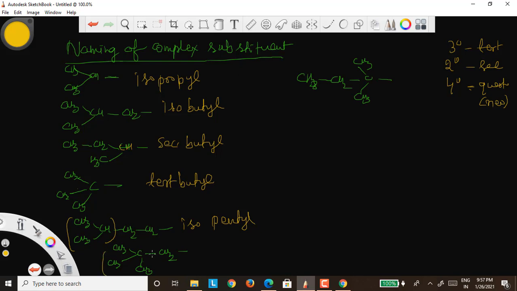But this is tertiary butyl group, and this carbon is connected to four carbons, so this is known as neopentyl group. You have to see sometimes the connection of the next carbon. So this is neopentyl group.